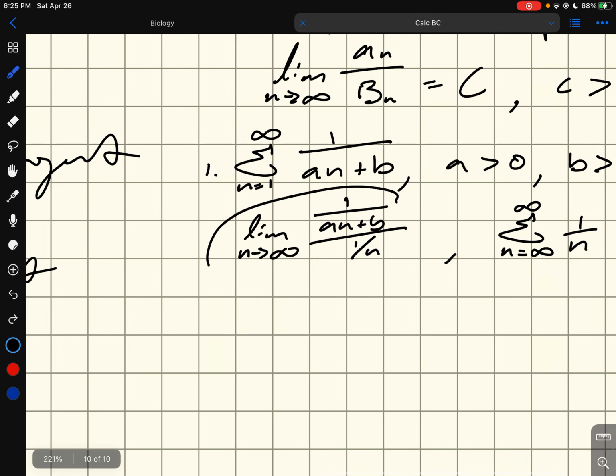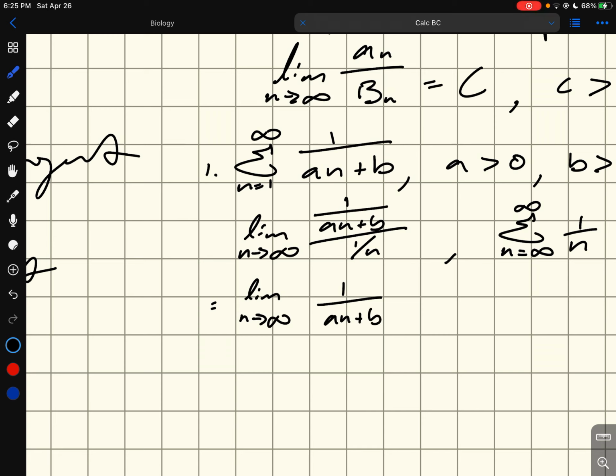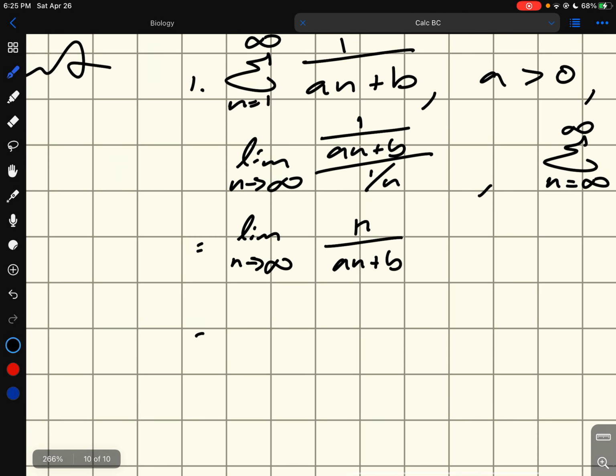Now all we need from this limit is to get some number. So I'm going to rewrite this. Remember, if you divide by a fraction, it's the same thing as multiplying by the reciprocal. So it's the same thing as n over a times n plus b. Then if we take the limit as n approaches infinity, these both have degree 1, so we just take the ratio of the coefficients, which means this limit is equal to 1 over a.